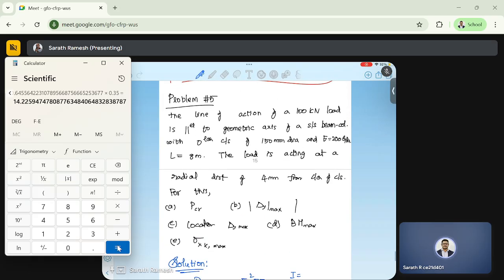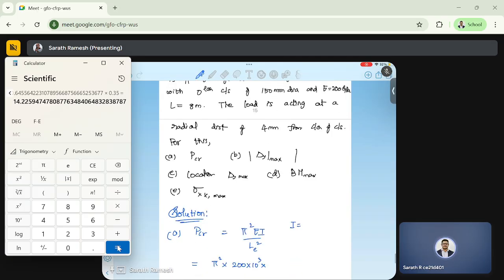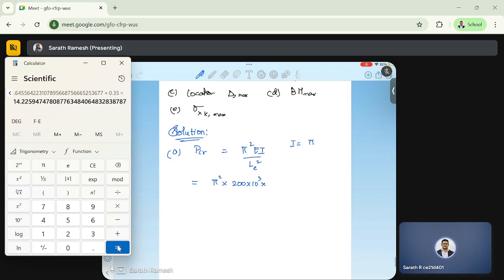It's a circular cross section, 150 mm diameter, so pi d power 4 by 64, which is 150 power 4 by 64 into pi.